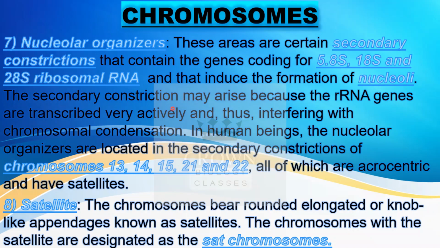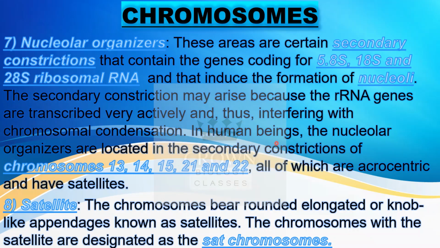The secondary constriction may arise because the rRNA genes are transcribed very actively, and thus it interferes with the chromosomal condensation.